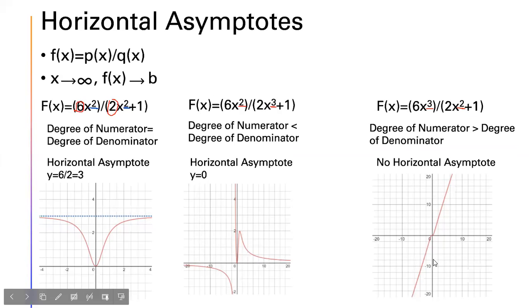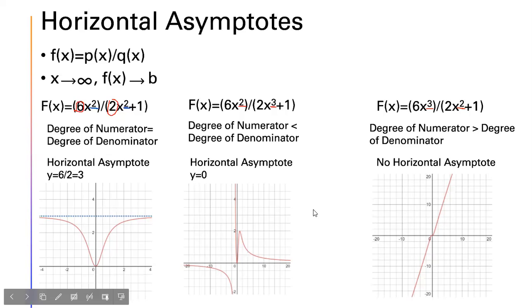You can see there's actually a slant asymptote for this, and we'll talk about what those are in the next slide. But as you can see, as we get bigger and bigger, this is just increasing without bound. And as we get smaller and smaller, we're decreasing without bound. So there's no horizontal asymptote. We're not approaching a specific number as we approach infinity or negative infinity.